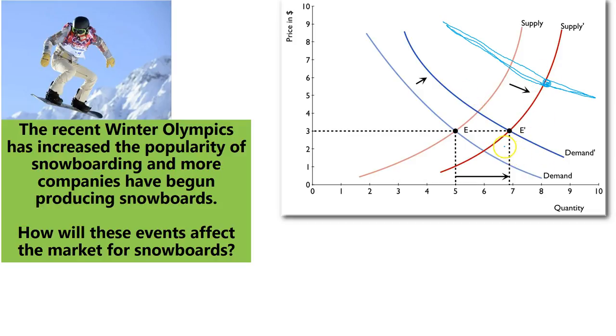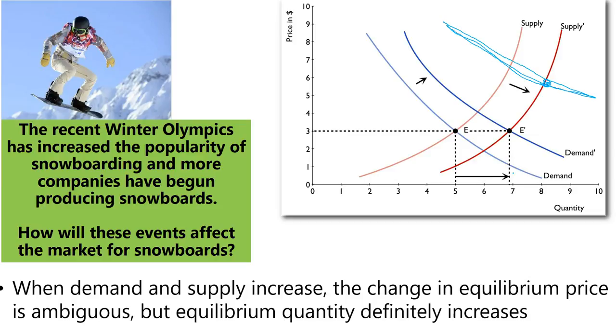In this case, the only thing I can conclude is that without question, I'm going to see an increase in the quantity of products sold because more people want them and there are more products for sale. So, when demand and supply both increase, the change in equilibrium price is ambiguous, but the equilibrium quantity will definitely increase.